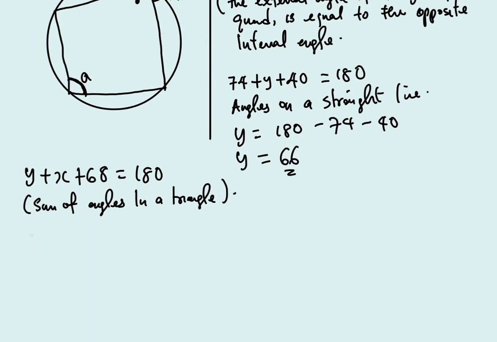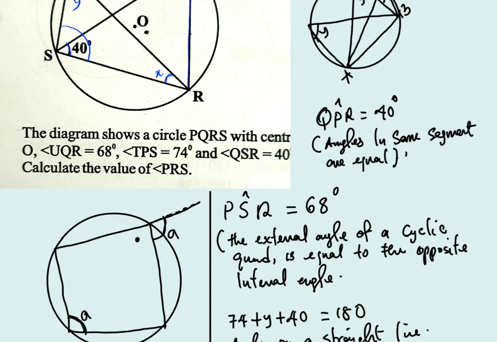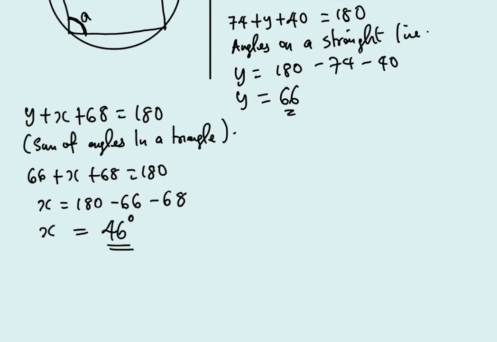Hence, remember y is 66, so 66 plus x plus 68 is equal to 180. So therefore, my x is equal to 180 minus 66 minus 68. So my x is going to be equal to 46 degrees. Remember, that is exactly what we are asked to look for. So angle PRS is equal to 46 degrees.